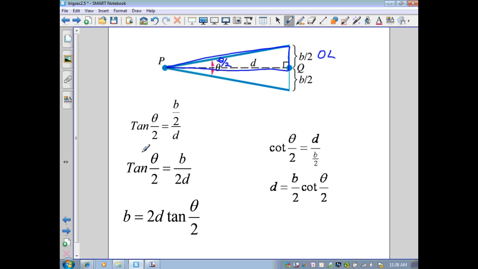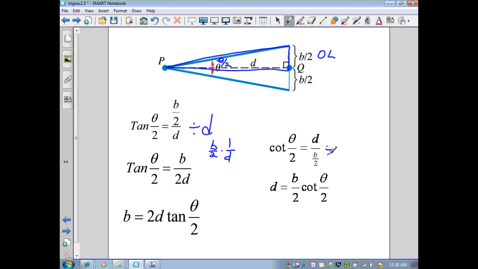Then to generate the value for B, I just simplify my equation. I take this top fraction, B over 2, divide by D, which means multiply by the reciprocal, 1 over D. That gives me this simplification of B over 2D. Then all I need to do is multiply both sides by 2D, and I get 2D tan of theta over 2 equals B. Similar circumstance over here, if I need to solve for D, I do the same thing.